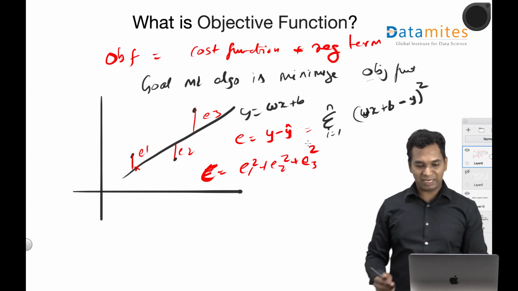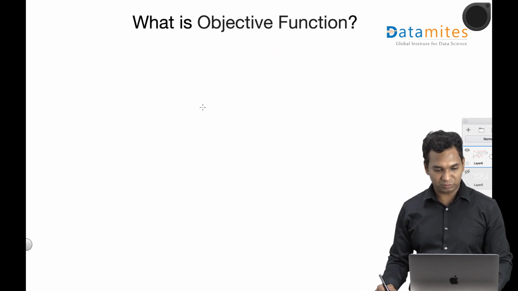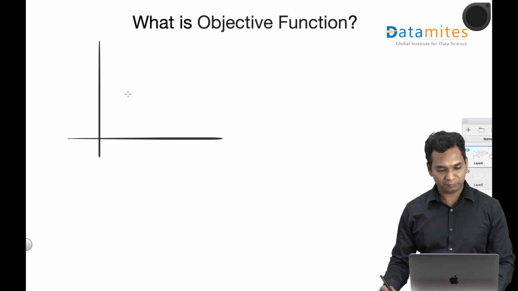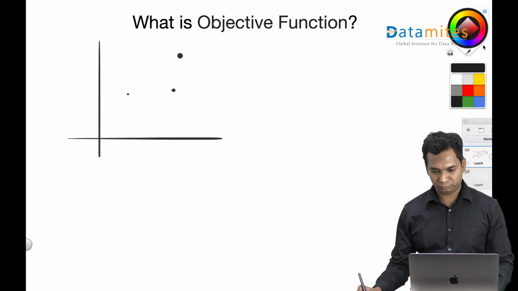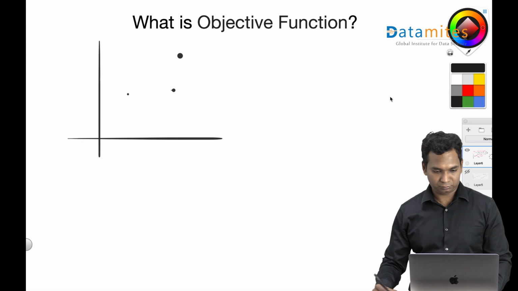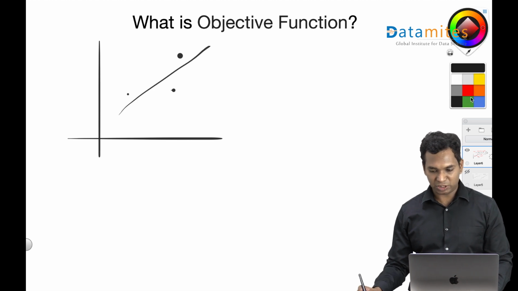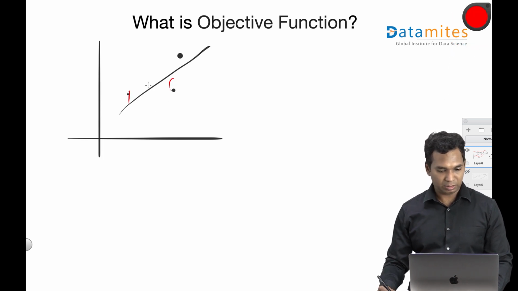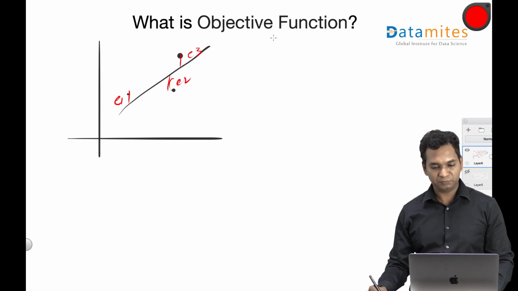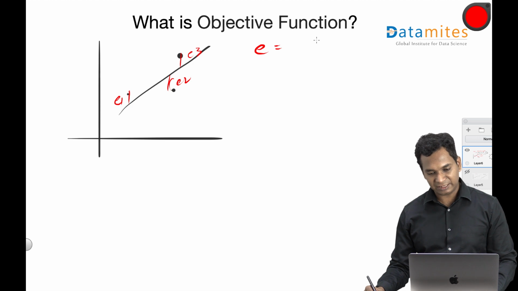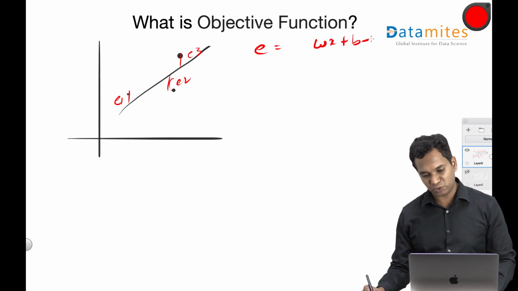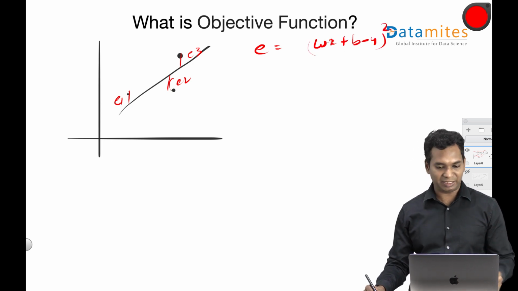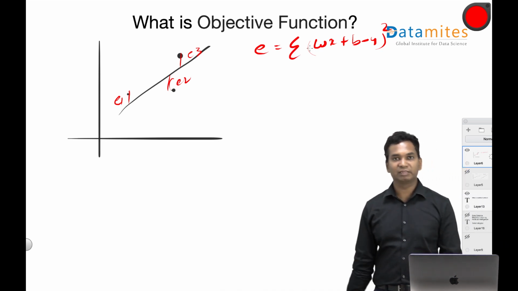But if you simply minimize this, let me just draw it quickly one more time. This is your line, and this is your E1, E2, and E3. And E, as we defined, is wx plus b minus y whole square. Of course, you sum it up for the entire errors.